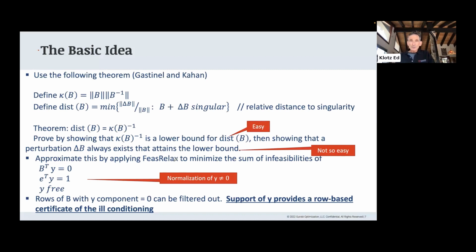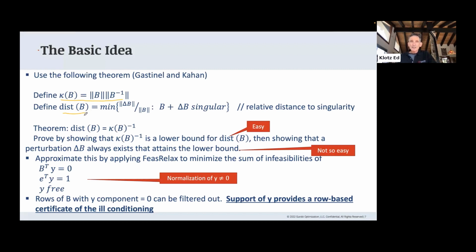All right, so now that we have this definition, how can we use this to come up with a computational procedure to explain ill conditioning? So we have our definition here, and we make use of the following theorem, which relies on the notion of the distance to singularity for a matrix.